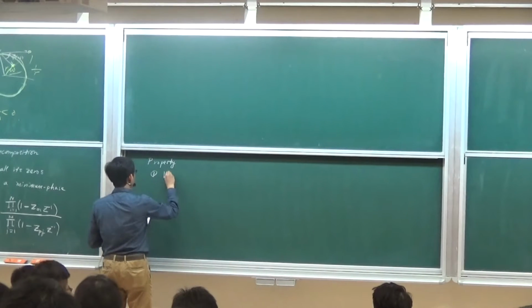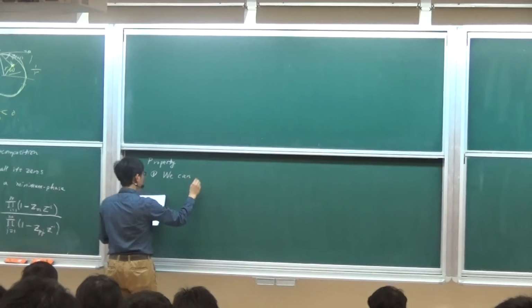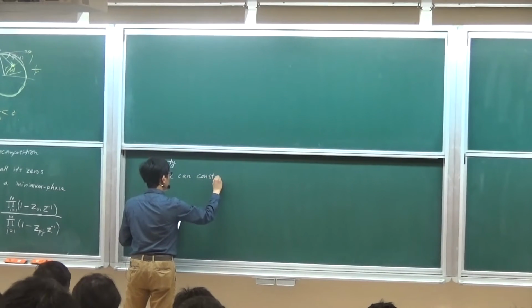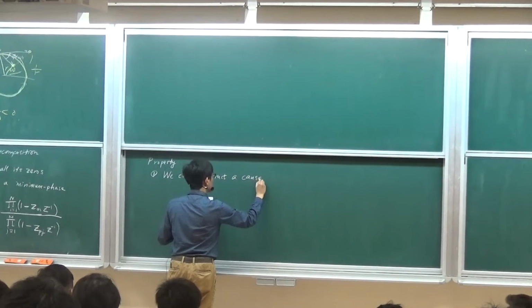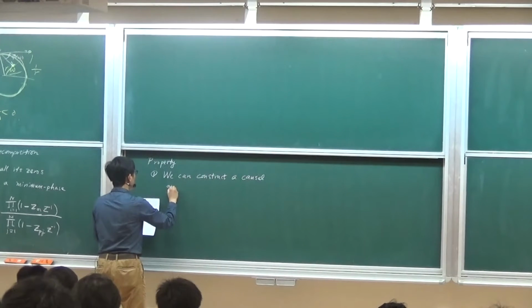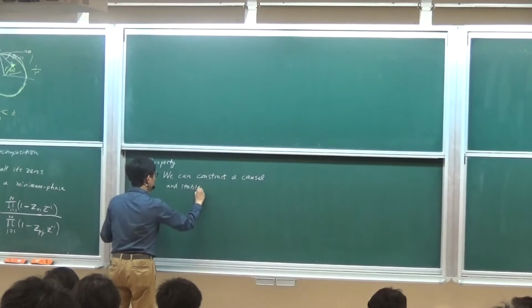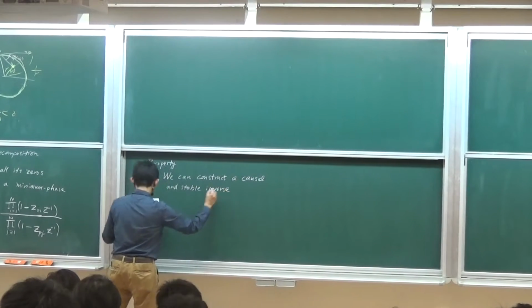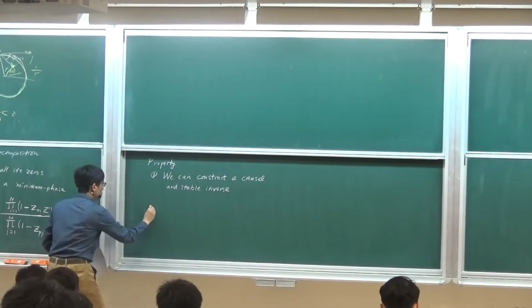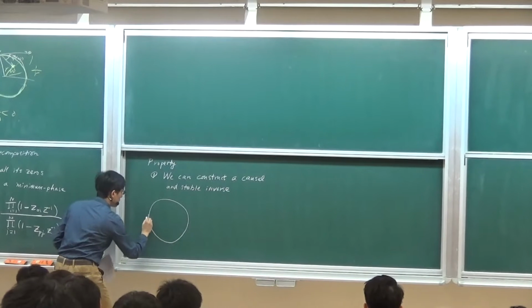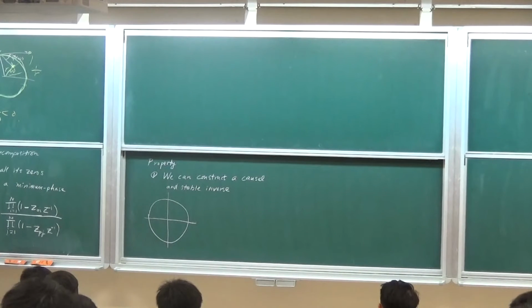So the first property: we can construct a causal and stable inverse. Let me draw a circle here. If this is H(z), having 5 zeros like that and 3 poles like that, its inverse is very simple.